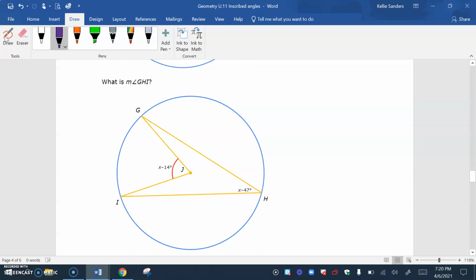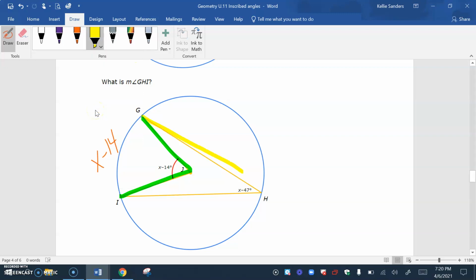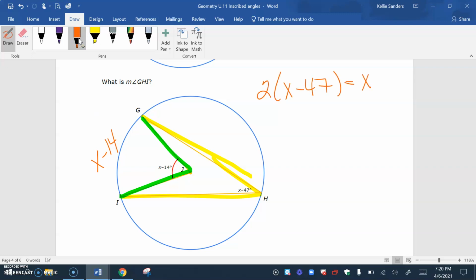Okay, GHI. Alright. This is a central angle. So if that's x minus 14, then the arc is x minus 14. Now what about the inscribed angle? We have to multiply it by 2 to get the arc angle.